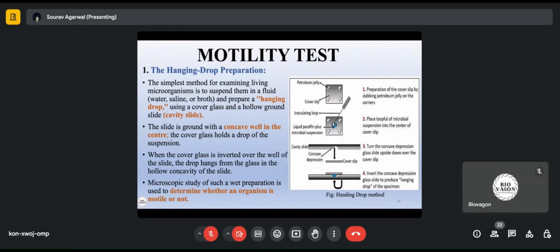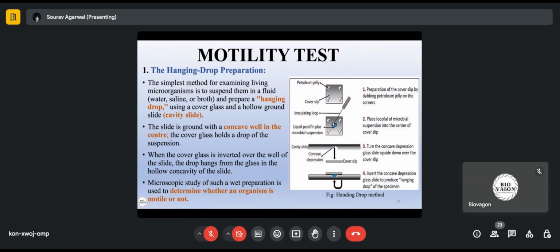Now you invert the cavity slide, so that the cover slip is on top of the cavity slide and our drop hangs from the cover slip.